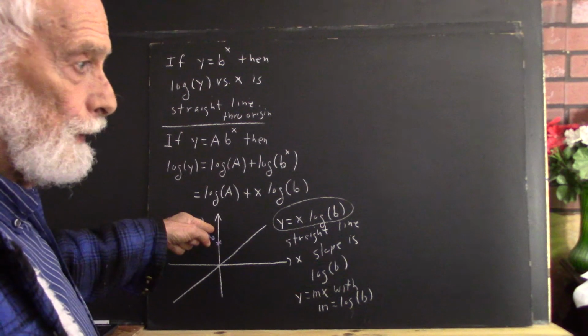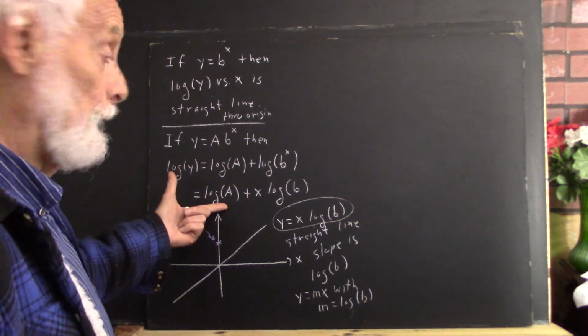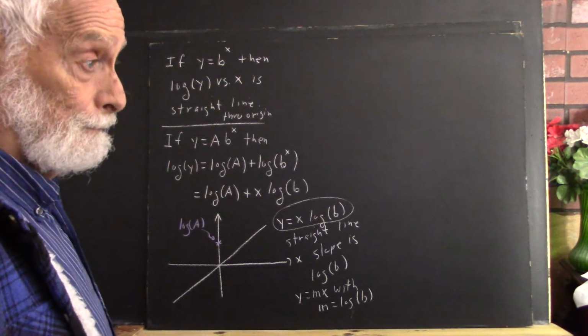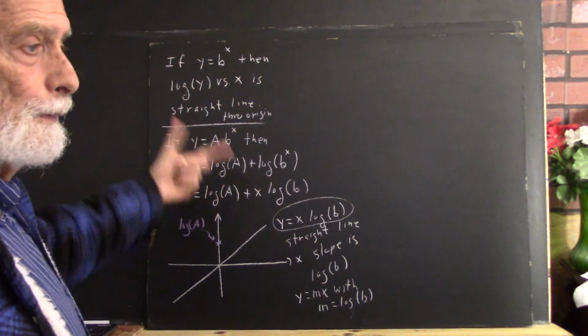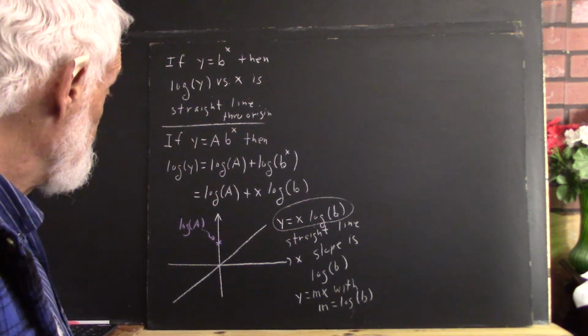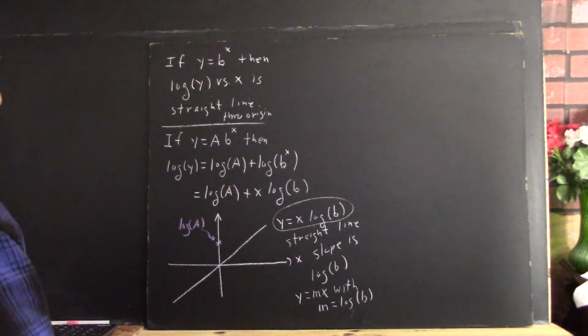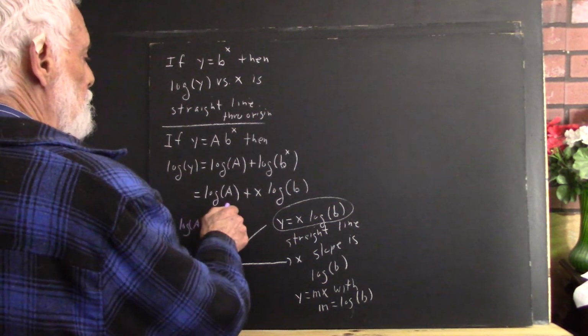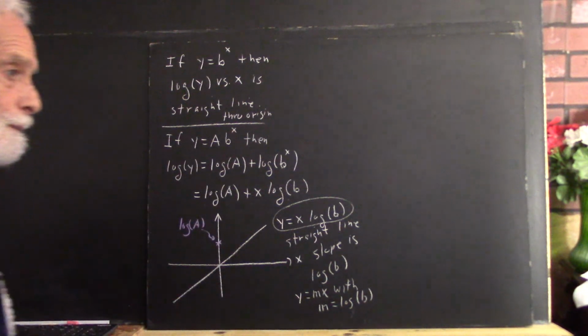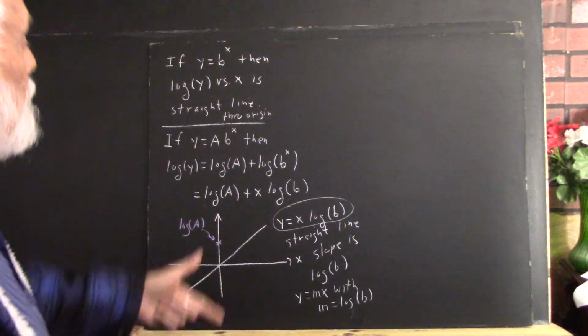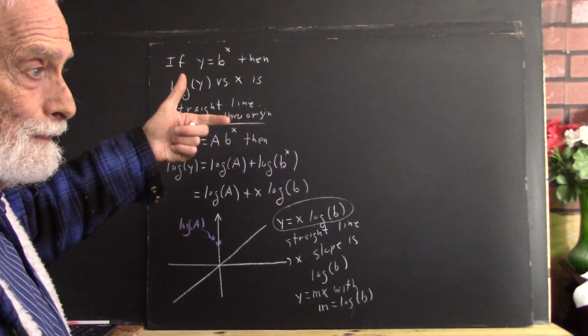It might be a positive number, it might be a negative number, depending on whether a, in this case, is bigger than 10 or less than 10. Okay? Adding log of a to x log of b is just a vertical shift.